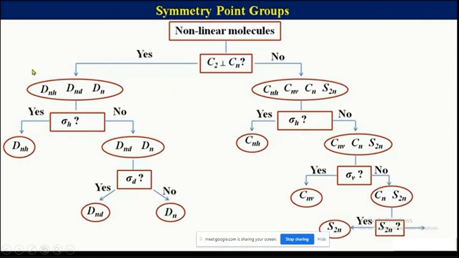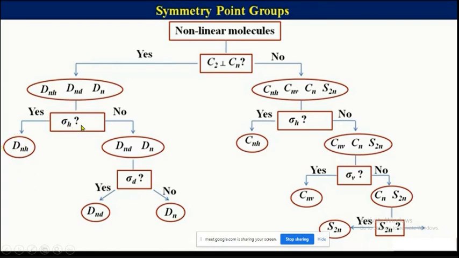So first I am taking Dnh, Dnd, and Dn. The basic feature of these point groups is the presence of a C2 axis perpendicular to the rest of the axes of rotation present over there. Now if sigma h is present, then the point group will be Dnh.